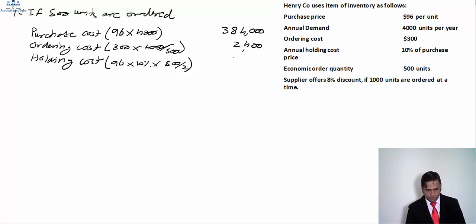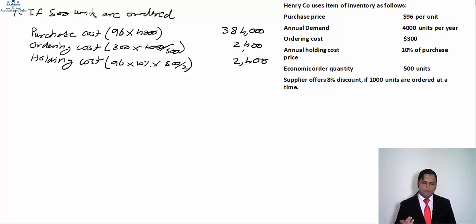This again gives 2400. Do you know why we have got the same figure for ordering cost and holding cost? Because 500 units is our economic order quantity, and we have just learned that at EOQ level holding cost and ordering cost are the same, and the sum of these two will be minimum.